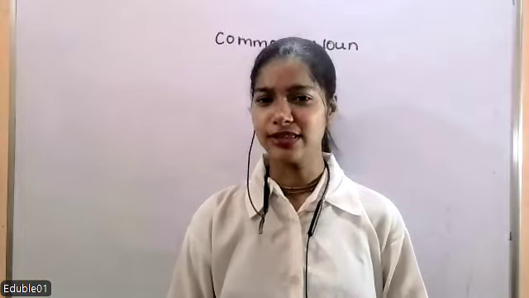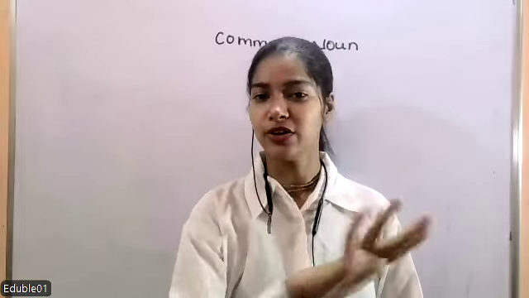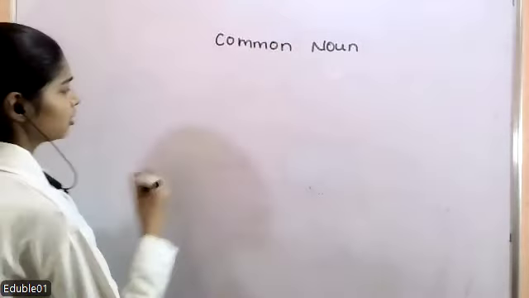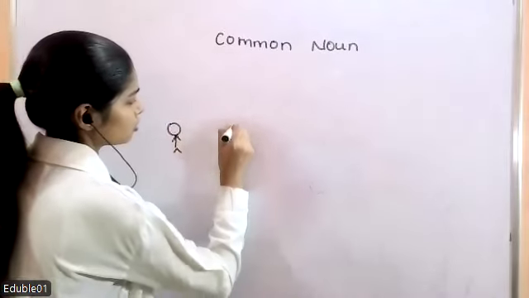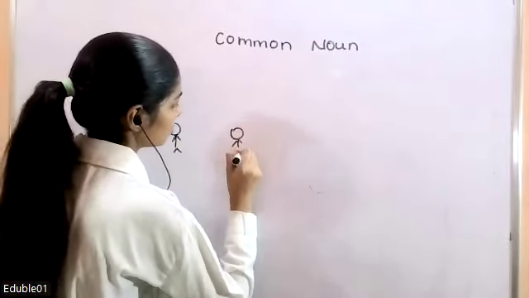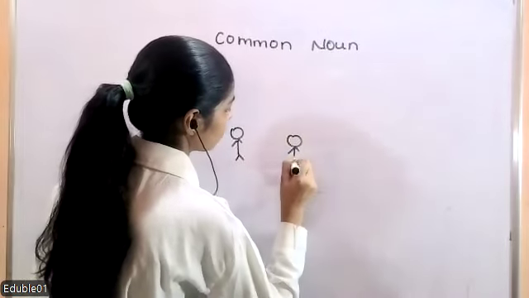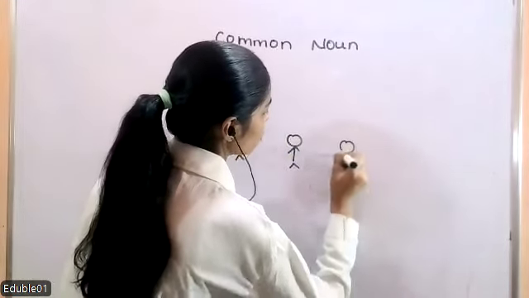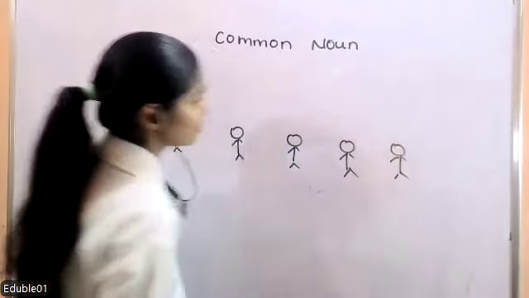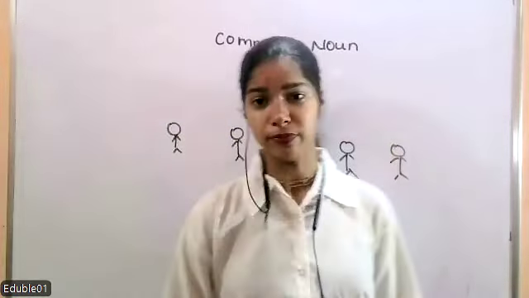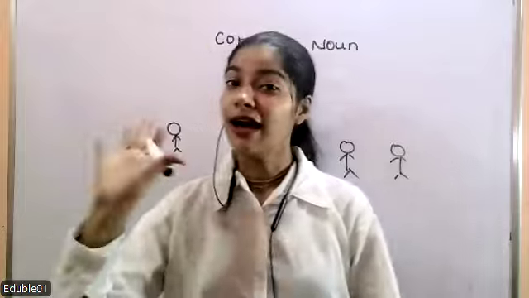If I'm saying this in front of five students, student number one, two, three, four, and five, and I am saying, hi, kids.